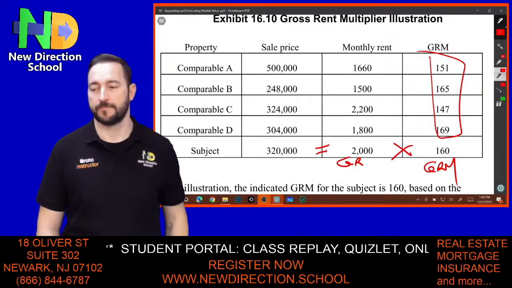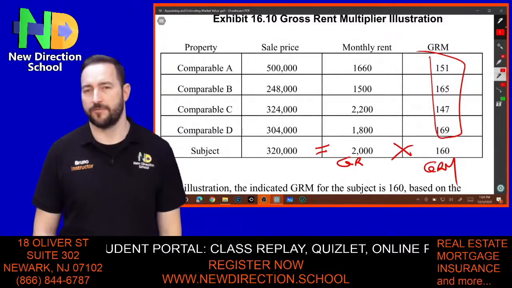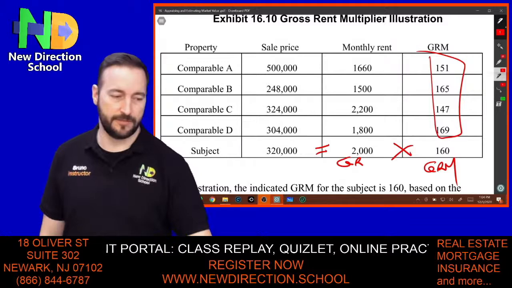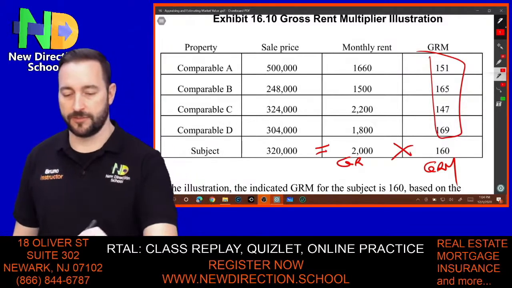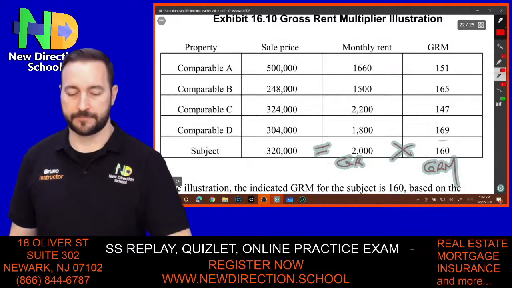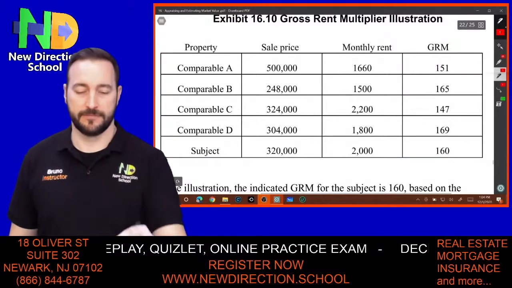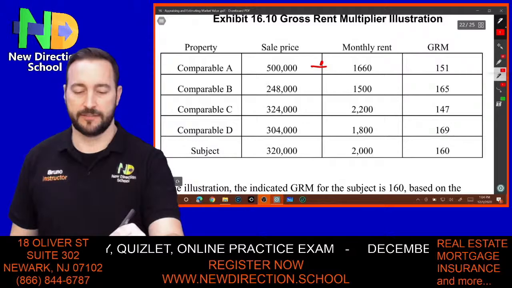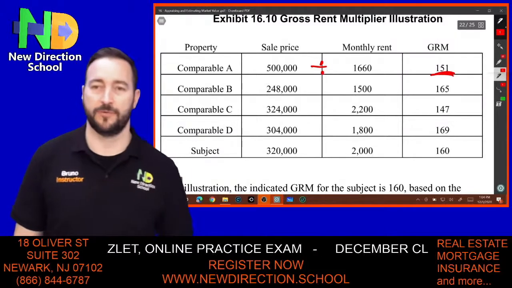Simple. Okay. And by the way, Rose, unfortunately, the publisher did this wrong. Nothing I can do. But for instance, if you divide these, it's not 151 either.